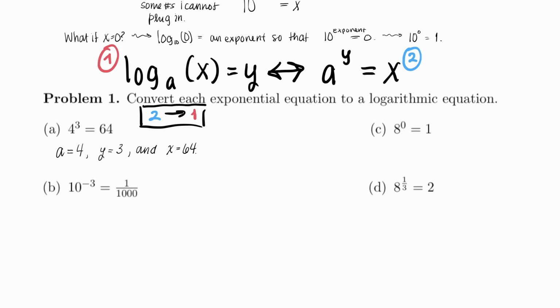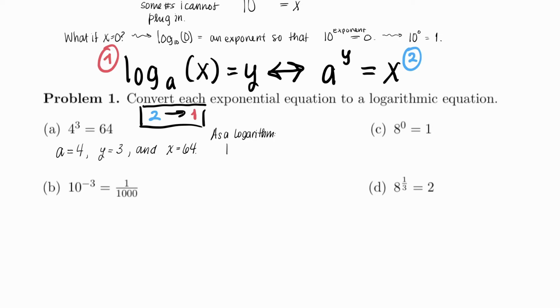And then as a logarithm, we can rewrite this expression using part 1 of the equation above. So I'm just going to literally copy paste a, y, and x into the first part of the equation.